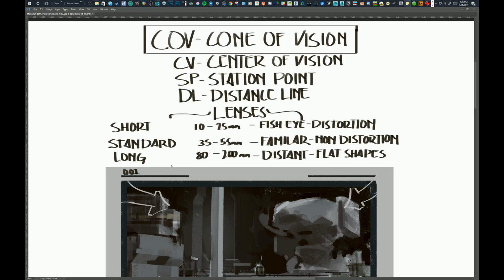Okay, so if I just created a sketch and I didn't really care about foreshortening, I didn't really care about lenses or how distorted the space was, then the cone of vision doesn't matter. So if you were in a math class, and unfortunately this is like the best analogy I can come up with, if you were in a math class and you were done with your test and you had 10 minutes left, your teacher would tell you to check your answers to see if they're correct.